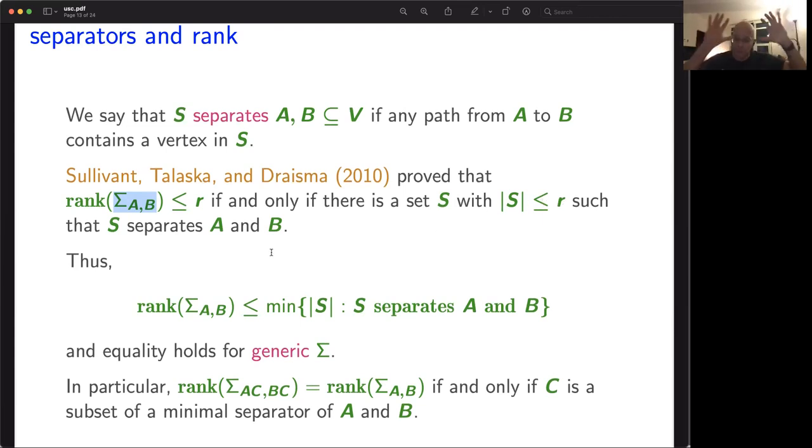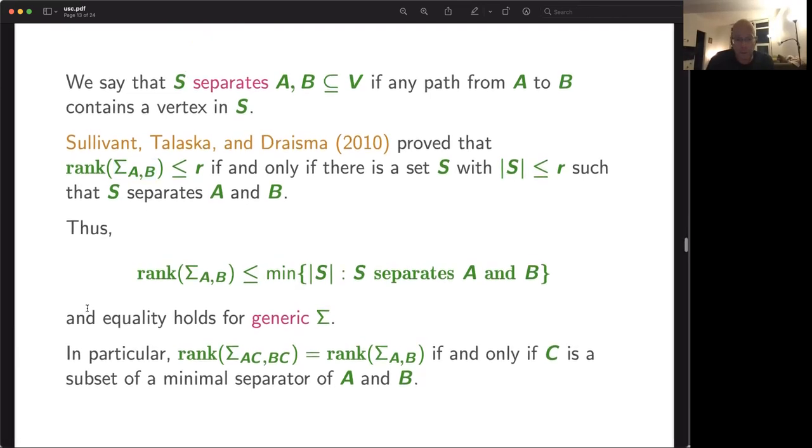Okay, so we can look at the rank of the submatrix indexed by these two sets, and if the submatrix has small rank, that happens if and only if there's a small separator.